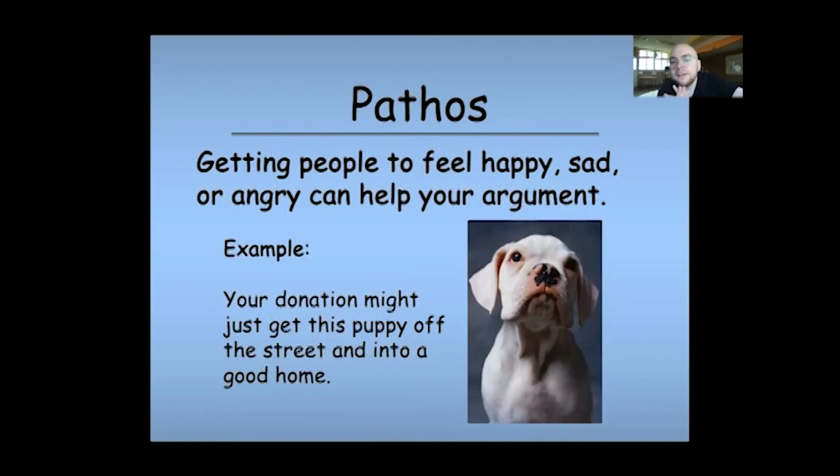The next one is pathos. So this is getting people to feel happy, sad, or angry can help your argument, right? This is really interesting. A lot of the time, politics use this, right? So for example, your donation might just get this puppy off the street and into a good home. Now, what is the emotion there?